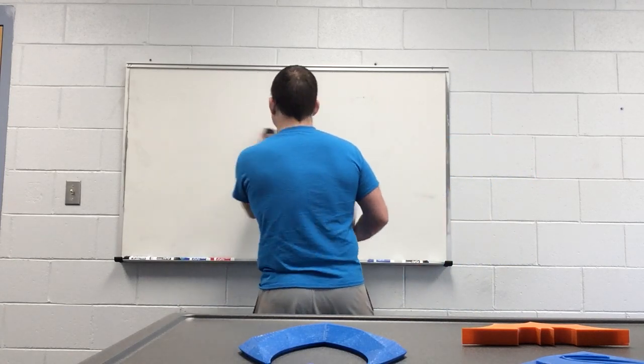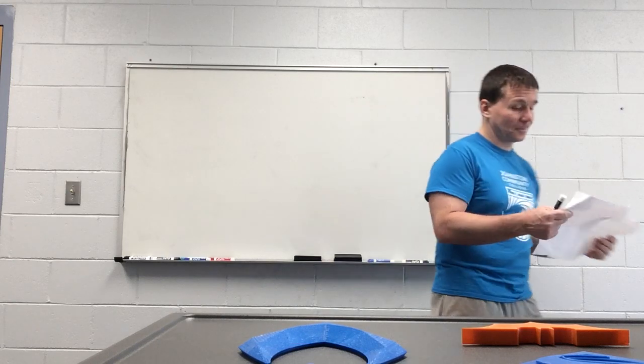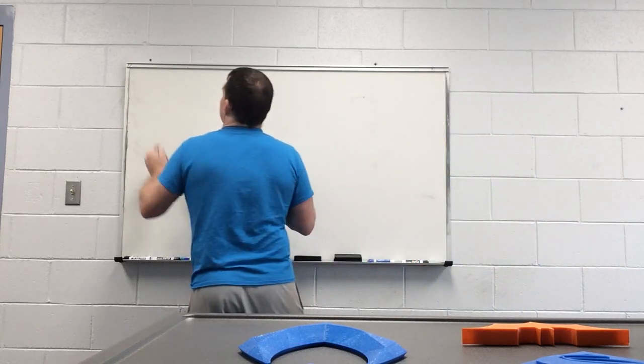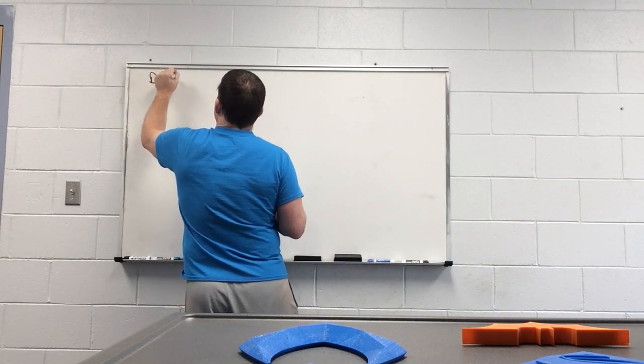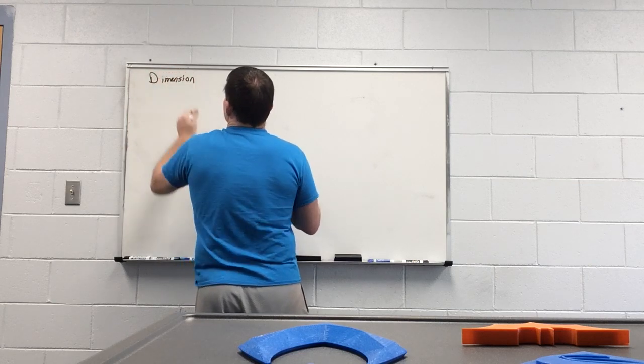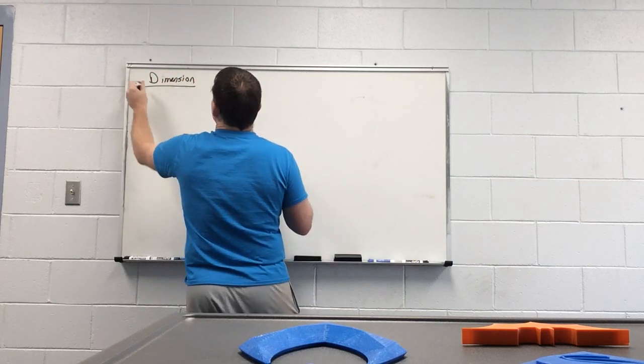Which leads us to the last thing we want to go over today. Since the size of the set that forms our basis seems important, we have what's called the dimension of a vector space.